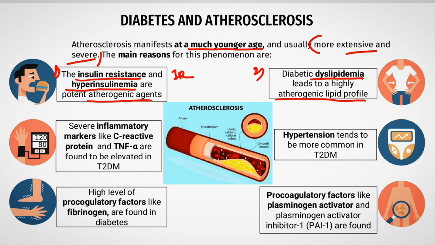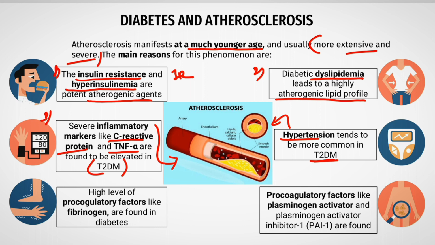There are some inflammatory markers like C-reactive protein and TNF alpha, tumor necrosis factor alpha, which are also found to be elevated in type 2 diabetes mellitus, and are also a risk factor for development of atherosclerosis. We also know that hypertension is very common in type 2 diabetes mellitus, which is also a risk factor for atherosclerosis.